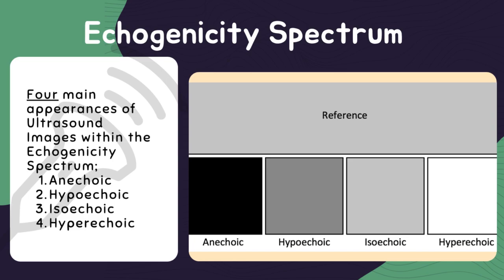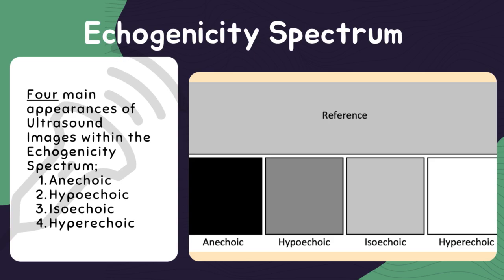Secondly, the area can appear hypoechoic, where it shows a darker shade of gray compared to the surrounding tissue or tissue of reference.